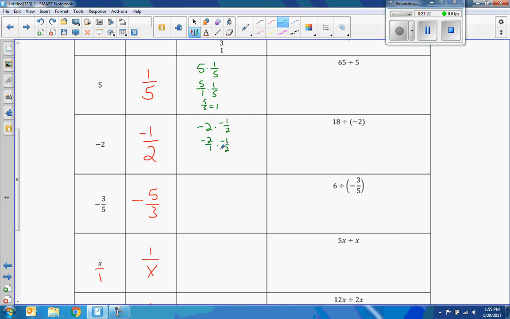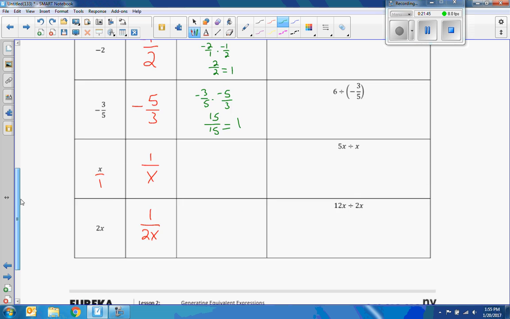Negative times a negative is positive. 2 over 2 equals 1. Negative 3/5 times negative 5/3. Negative times a negative is positive. 3 times 5 is 15. 5 times 3 is 15. And 15 over 15 is definitely 1.